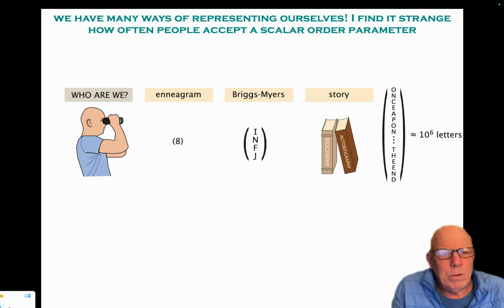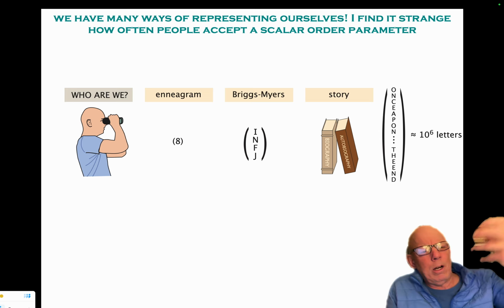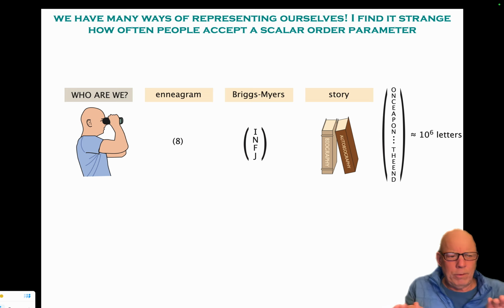And then my last way of characterizing this is a slightly political comment, and I always pride myself, I suppose, on not being particularly oriented towards politics and the righteousness of it all. But I do find it strange how willing people are to represent themselves by a scalar order parameter. So I won't say who, but I knew somebody very well that said to me, we couldn't vote for person X because we are party Y. End of story.